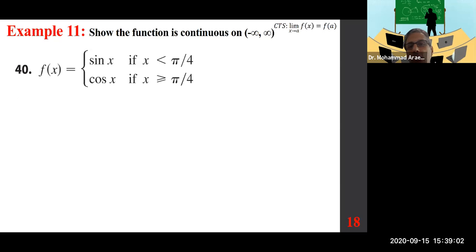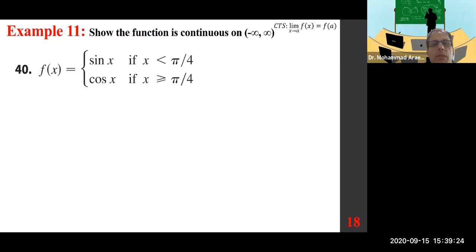So what do we do? Very simple. Each piece, we look at separately. Sine is continuous everywhere from negative to positive infinity. Therefore, this is continuous from negative infinity to pi over 4. Cosine, the same thing. Therefore, it's continuous from pi over 4 to infinity.